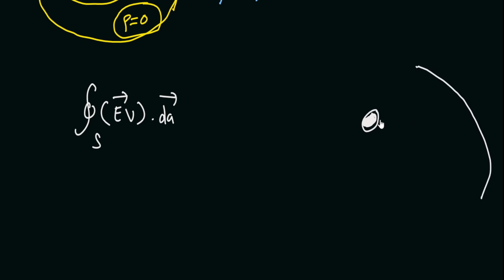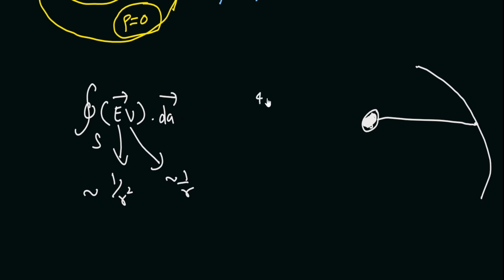Now increase the volume to be very big. Then as compared to this big volume, this will be a point charge, and we know that for point charges the electric field reduces by a factor of 1 over r square, and the potential by a factor of 1 over r, and since we took a spherical region, the area of a sphere will be equal to 4 pi r square, so the area will increase by r square.